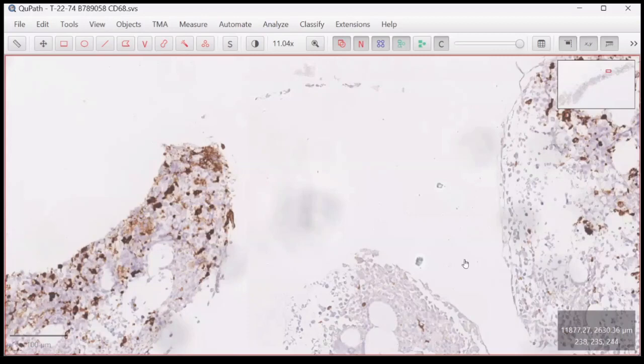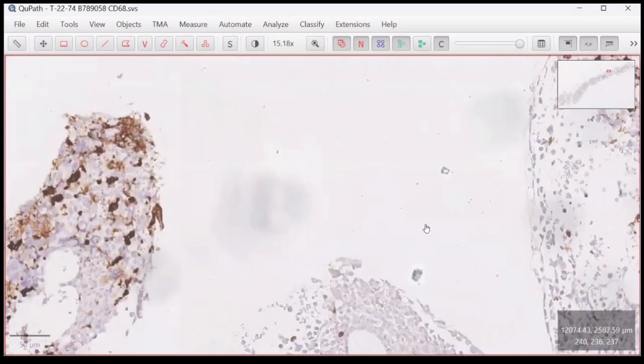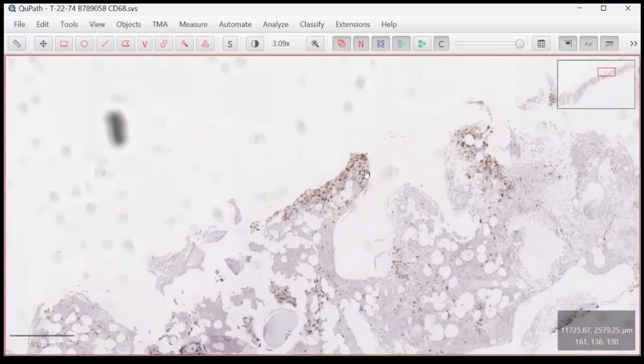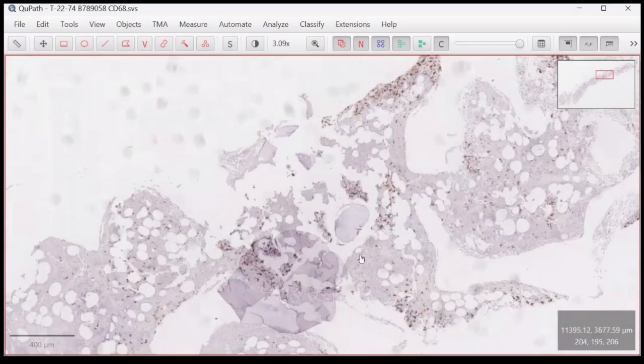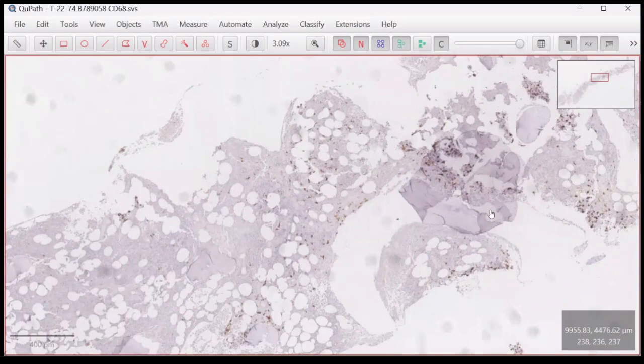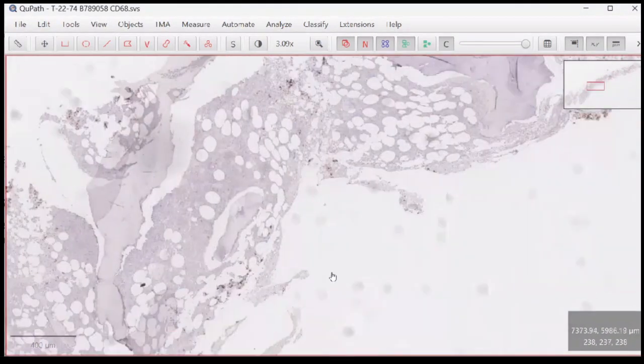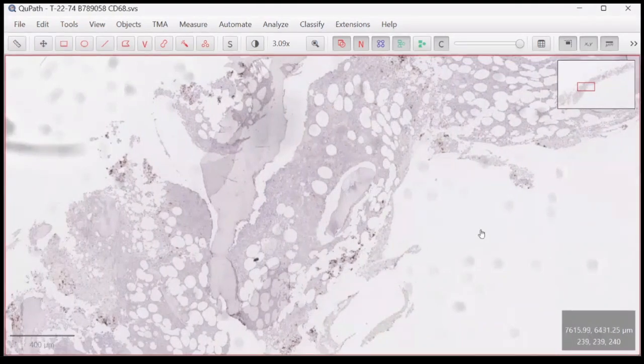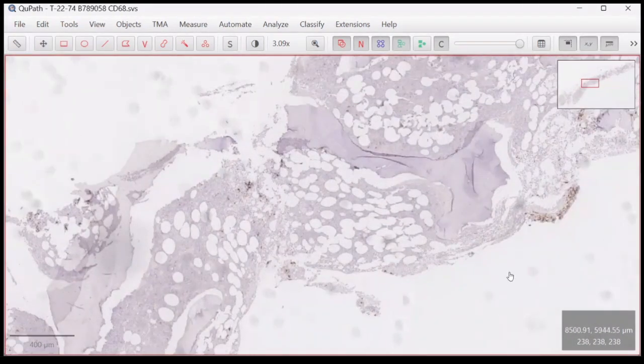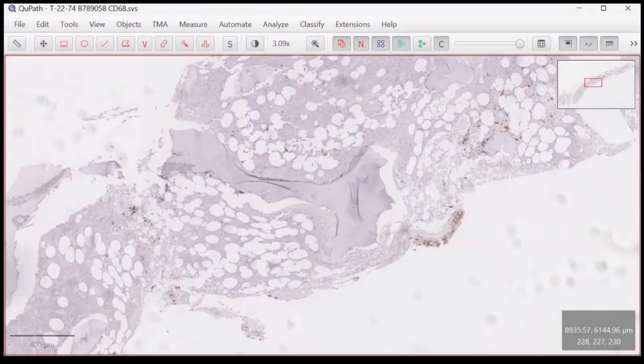So if you have this kind of pattern in focal areas under low power, you get loose groups of CD68 positive cells in a few areas, and you can add it in your comment.